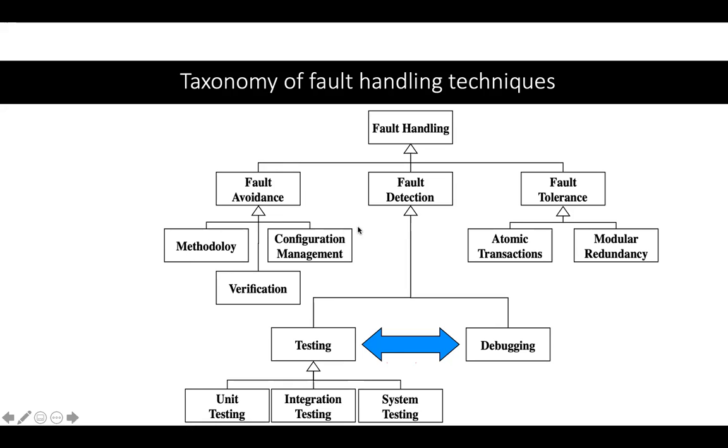Then another technique that we can employ is to detect the moment a fault happens. A system should have the ability to instantly detect and alarm you that something wrong has happened, every time a fault happens.